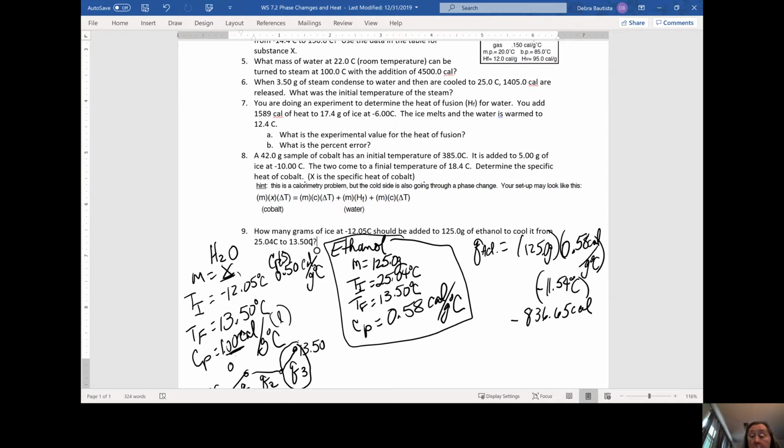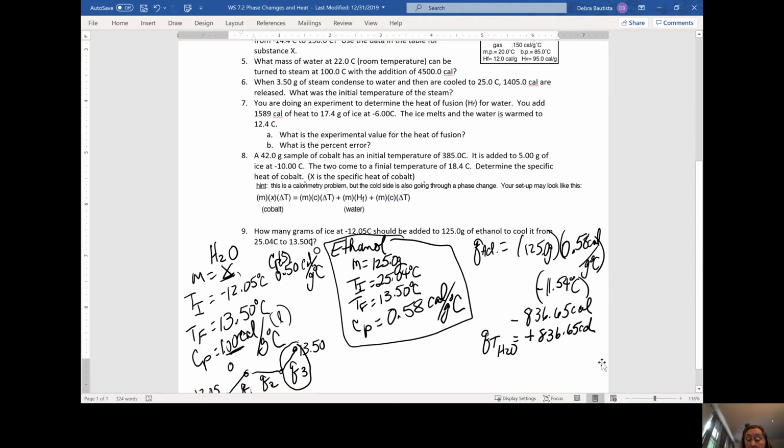So Q total for the water, for the H2O portion, is going to equal positive 836.65 calories. So you're going to end up with X in 3 places. Let me see if I can get a little room to work here.